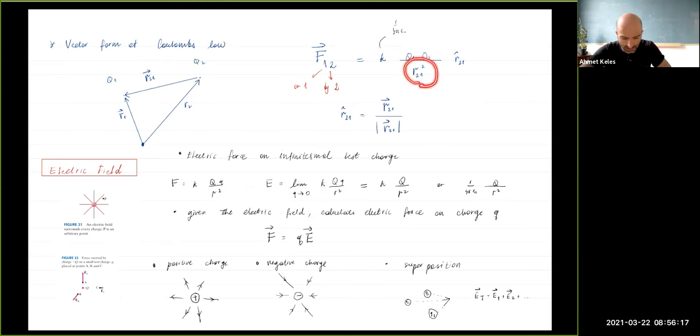Sometimes we may just write it R21, dropping the arrow. And this is Coulomb's law without any vector information. To put in the vector information, we put this R hat 21. This is the unit vector along this direction, and the definition is the vector divided by its magnitude.